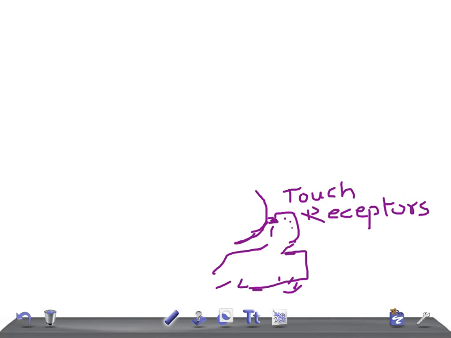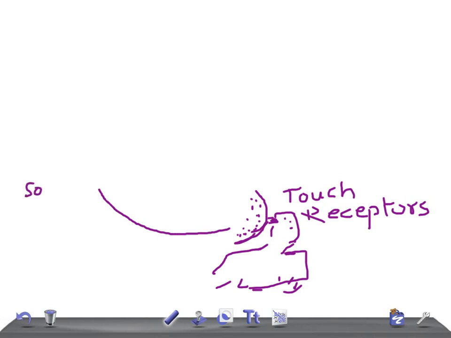Sucking by the baby leads to the stimulation of the touch receptors over here. Now these touch receptors are stimulated, and these impulses discharged from the touch receptors are carried by somatic afferent nerve fibers.